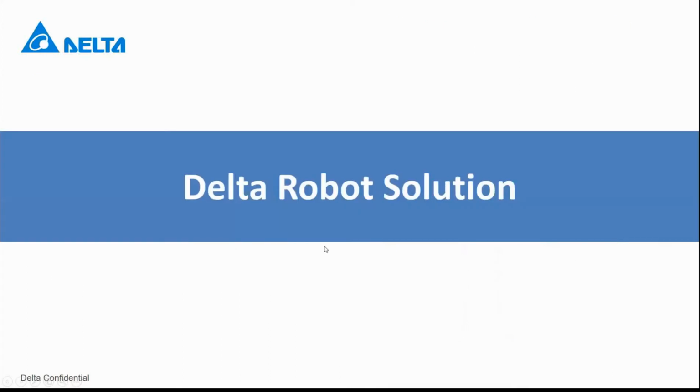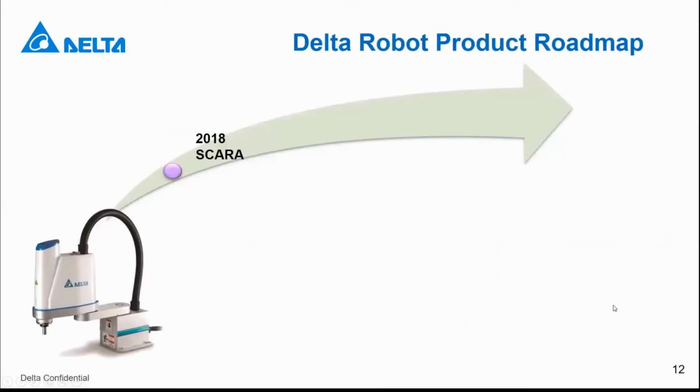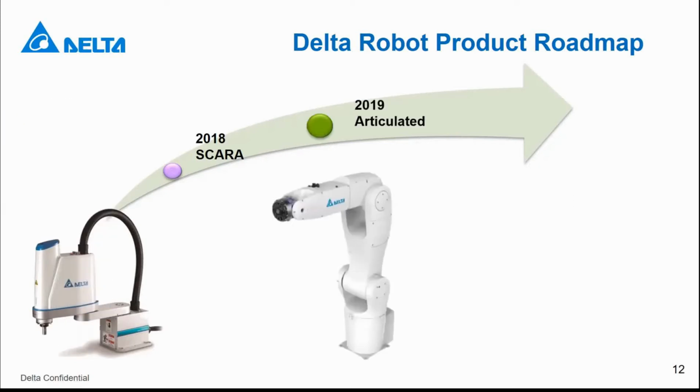Okay, and next I will start to introduce the Delta robot solution, what we provide for a robot station. In EMEA, in the Europe area, we started to provide our robots in 2018 with a SCARA robot. In 2019, we also released our articulated robot.